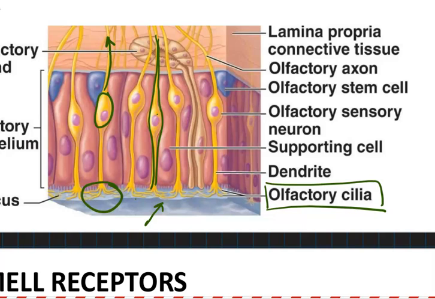Why do you want mucus to cover cilia? Not only that, no. Smell. When you smell something, what is the actual stimulus? When, like, I have some substance like cloves there. You smell cloves. What is it getting in your nose?